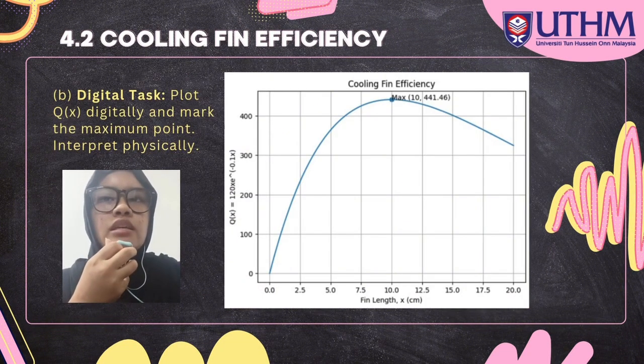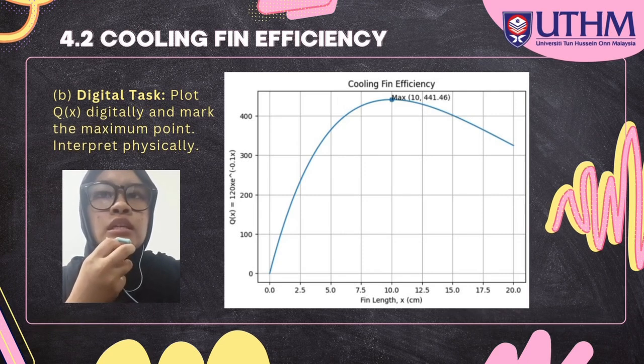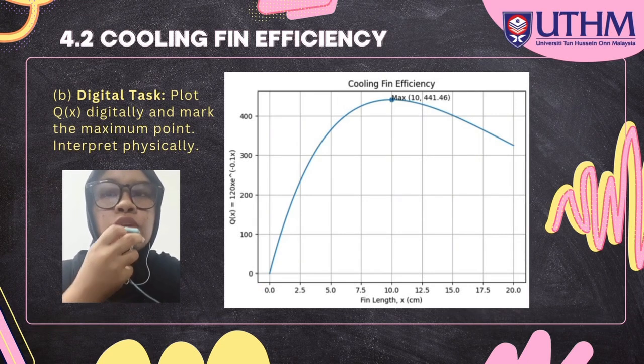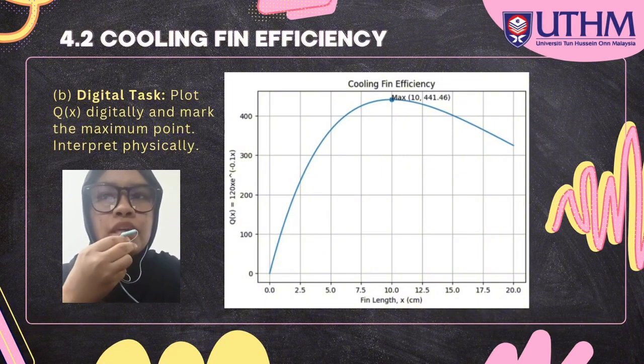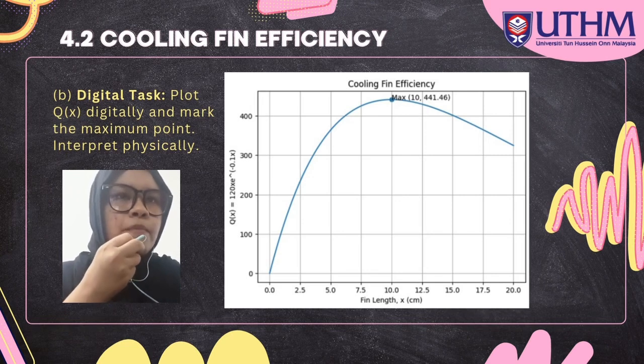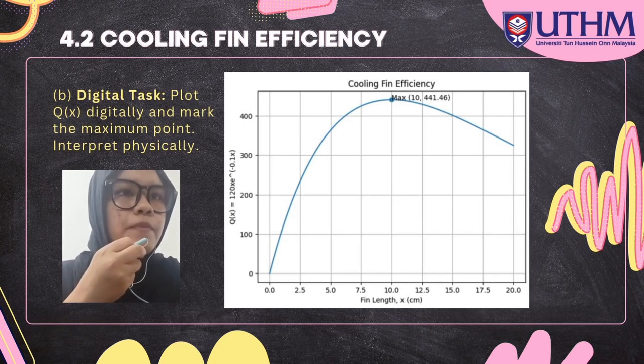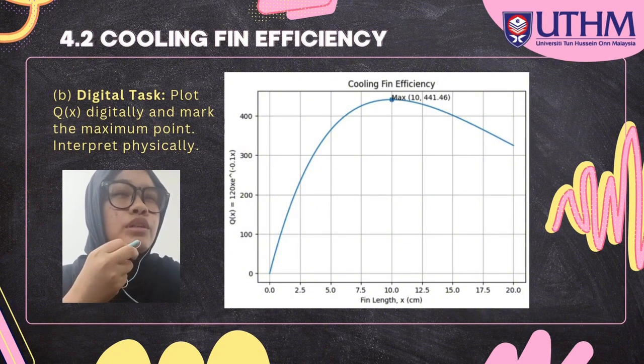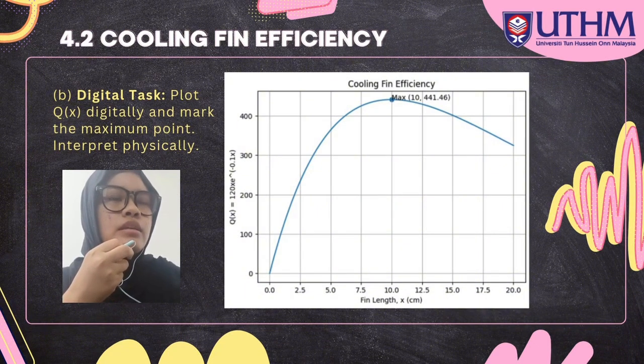For this slide, for part B, digital test: plot the graph of Q of x digitally, mark the maximum point and interpret physically. So first, we differentiate Q of x.